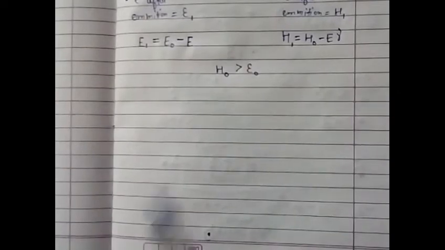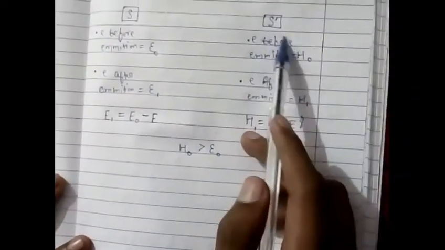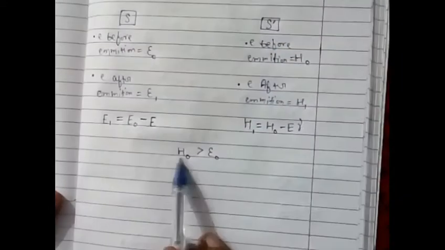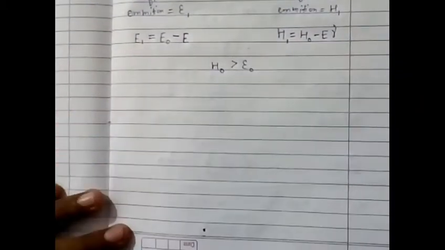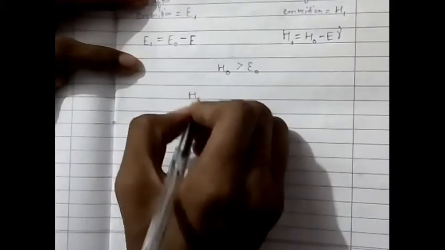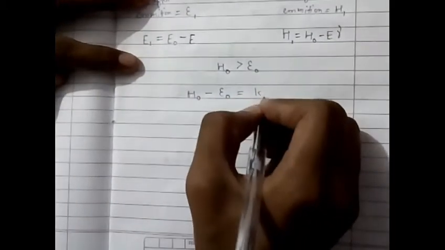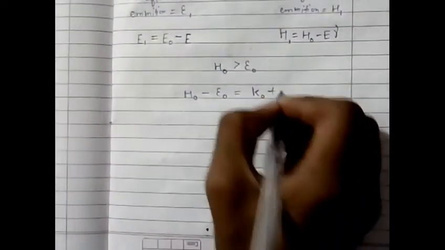Therefore we can say that the total energy with S prime before emission, which is H naught, is greater than the total energy of S before emission, which is E naught. H naught is greater than E naught, and H naught minus E naught is equal to K naught plus B.